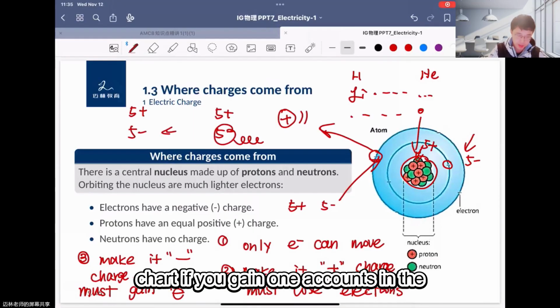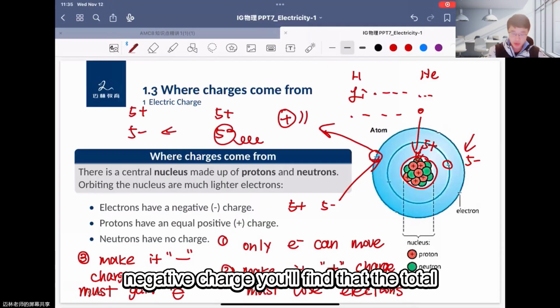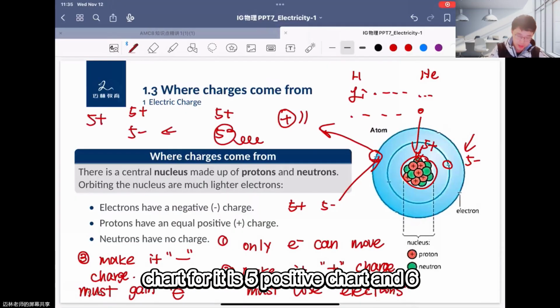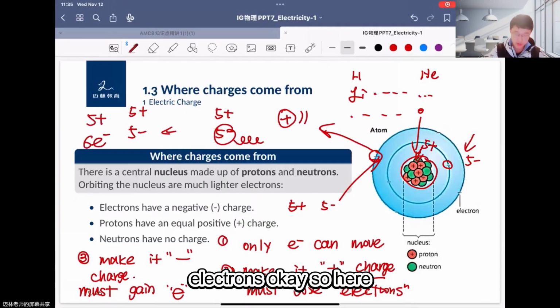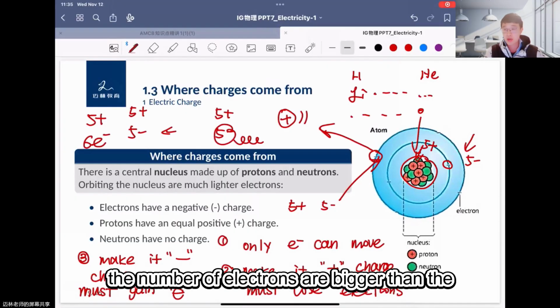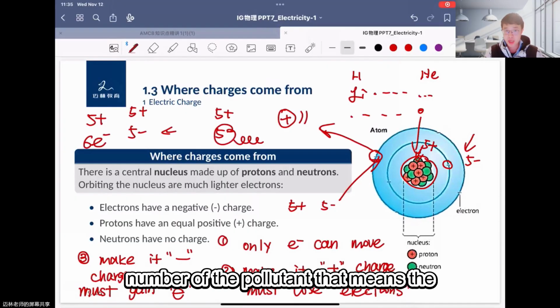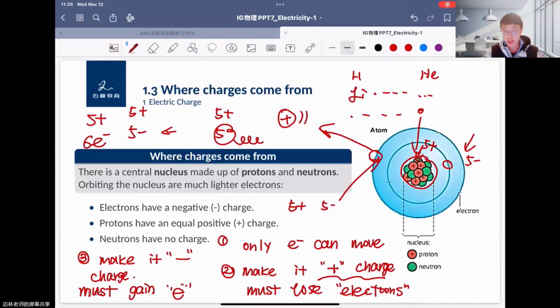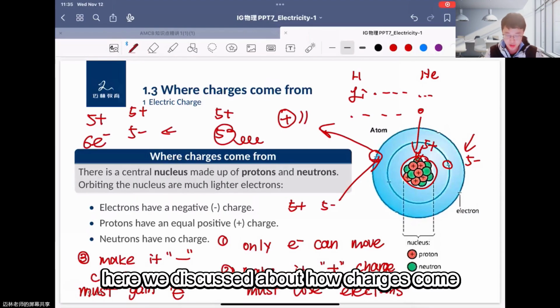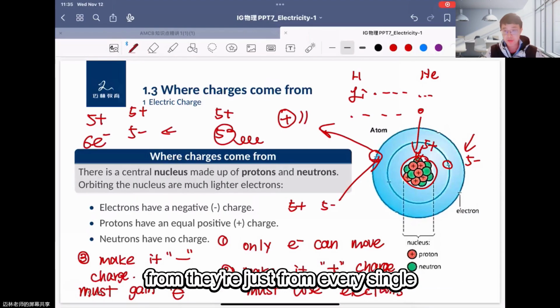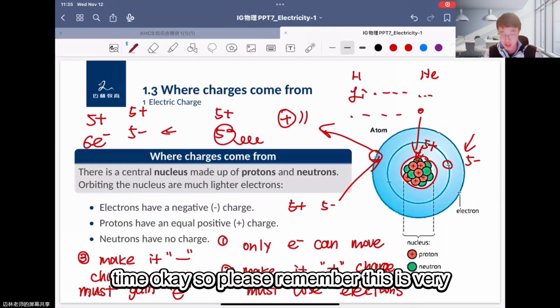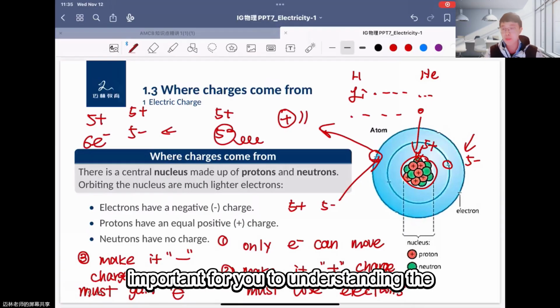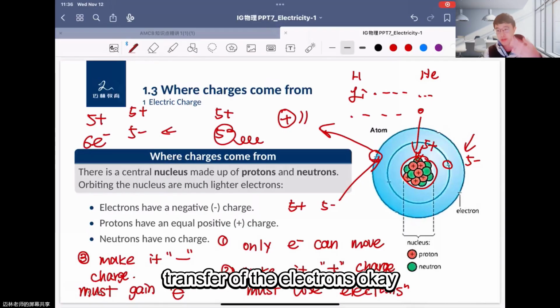If you gain 1 electron for the negative charge, you'll find that the total charge is 5 positive charges and 6 electrons. Okay, so here the number of electrons is bigger than the number of positive charges. That means the total value of the electricity is negative. Okay. So here we discussed how charges come from. They're just from every single atom. Okay, so please remember this, it is very important for understanding the transfer of the electrons.